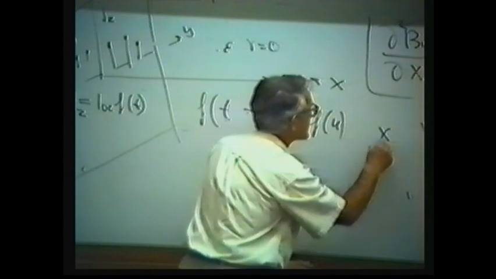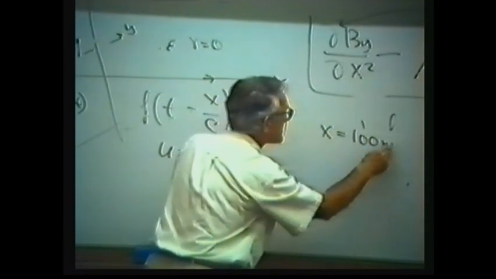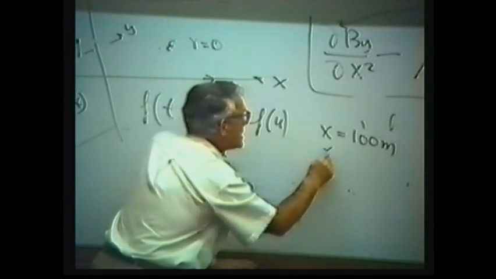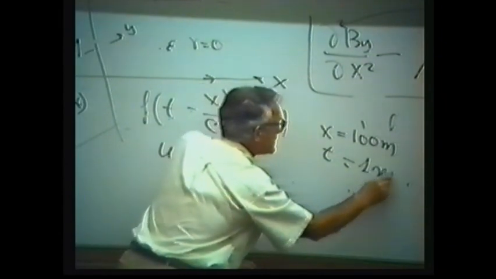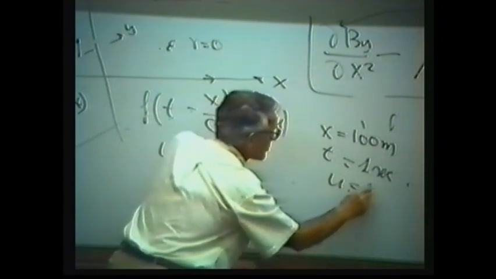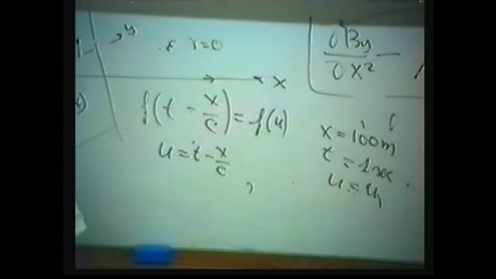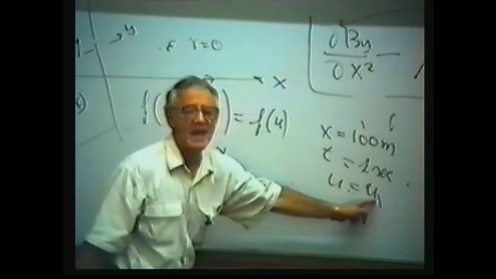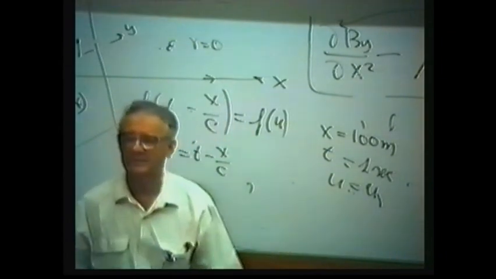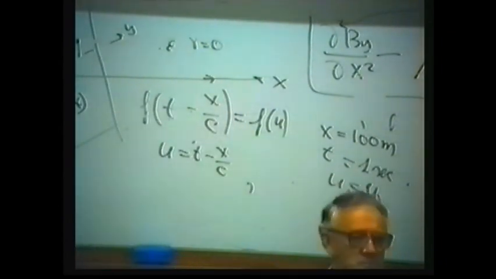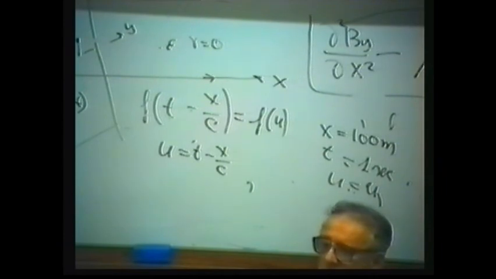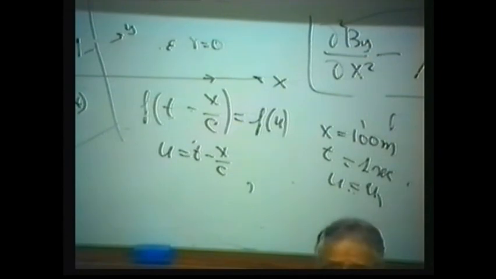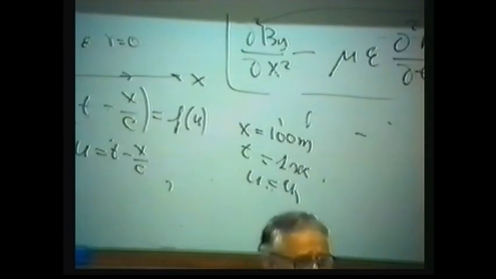Suppose u for x equal 100 meters and t equal 1 second equals some number, u1. Tell me please, if I take a greater distance x, when will u again be equal to u1? At some greater time.